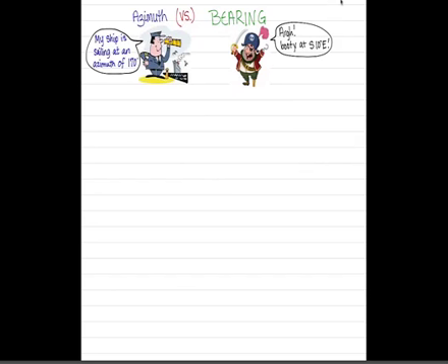Let's say you've been given a bearing of north 15 degrees west, and you've been asked to find the azimuth.